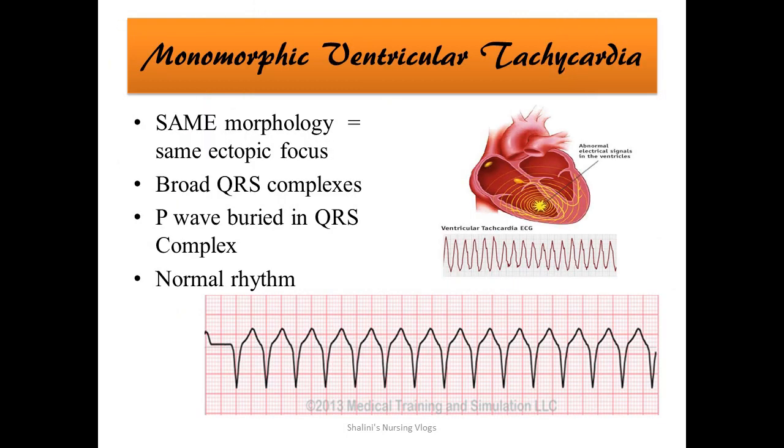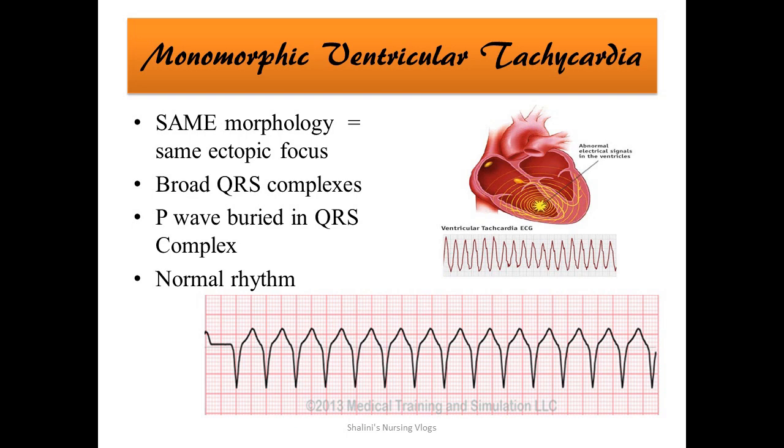Let us look at monomorphic ventricular tachycardia. The first thing I want you to focus on is this picture. It is not the regular SA node or AV node that generates an impulse and causes ventricular depolarization or contraction of the ventricle. Rather, it is some ectopic focus, some place in the ventricle, which starts discharging impulses.